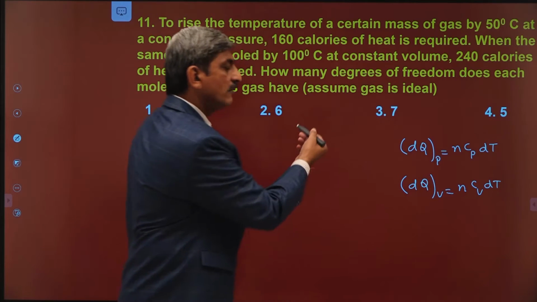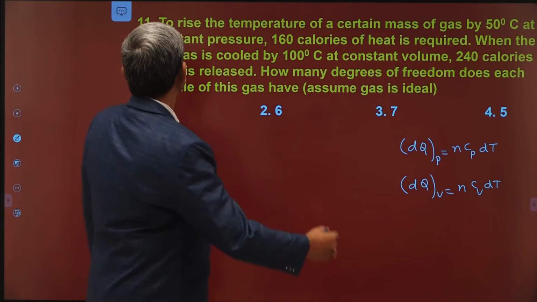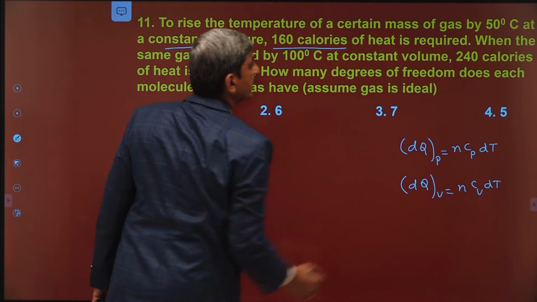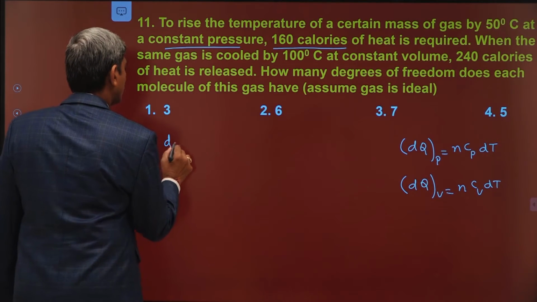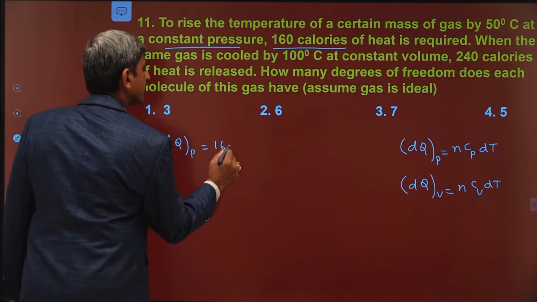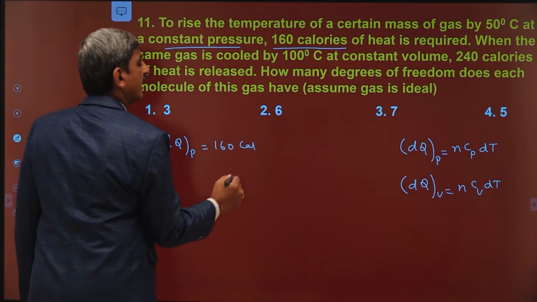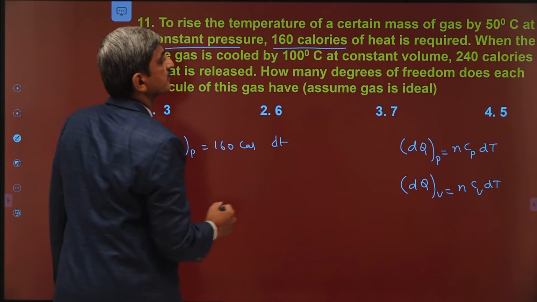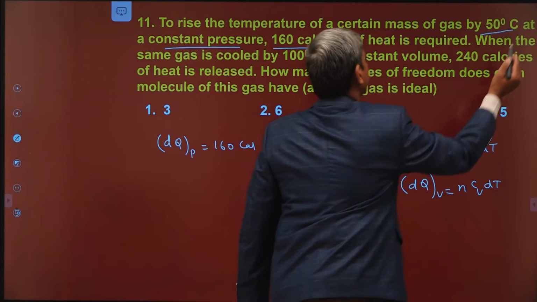Now see what quantities are given in this problem. It is given that at constant pressure, 160 calories of heat is required. So dQp is equal to 160 calories. And the change in temperature is 50 degrees centigrade.